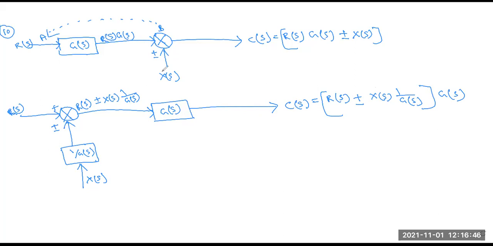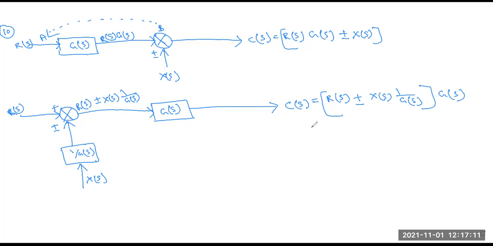Okay, so here you can see the basic difference. This summing point is shifted to before the block. So that's why the block is coming from this position to this position, and the summing point is positioned before the block. So these are the basic changes when you apply any block diagram reduction rules to any problem.